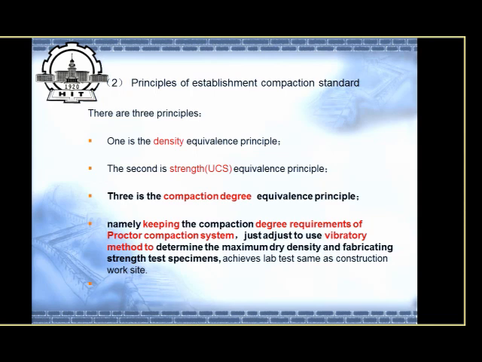We use the third method, namely keep the compaction degree requirement of the MPC method, just adjust to use the vibratory method to determine the maximum dry density, and achieve lab test results the same as the construction work site.